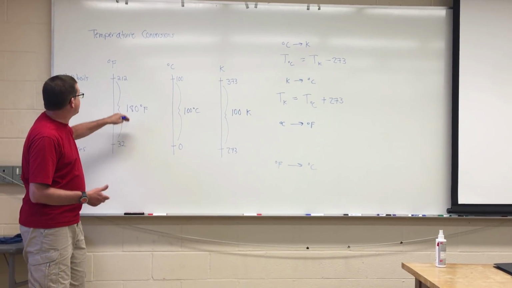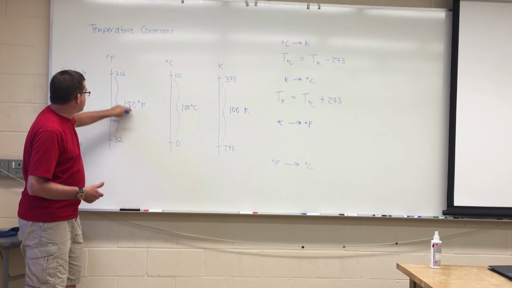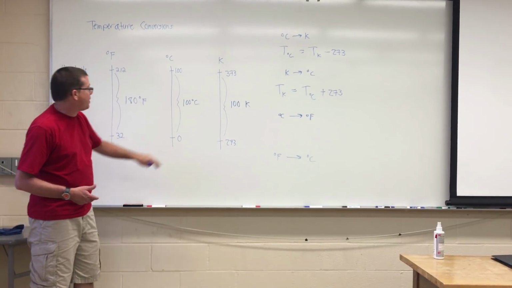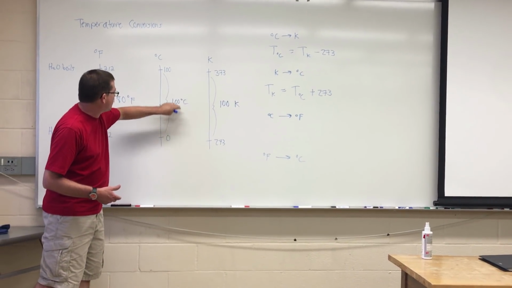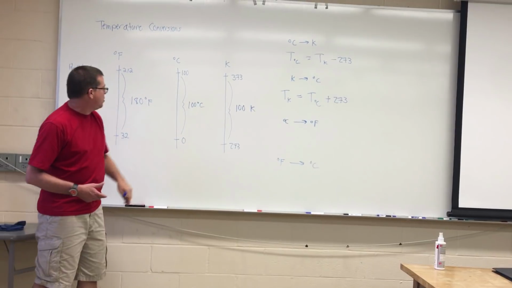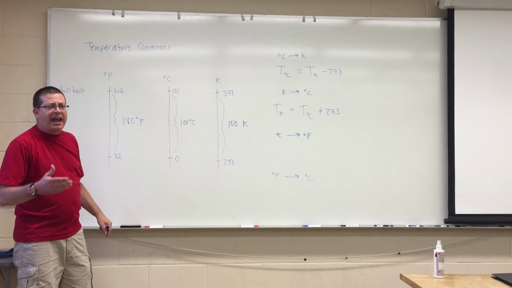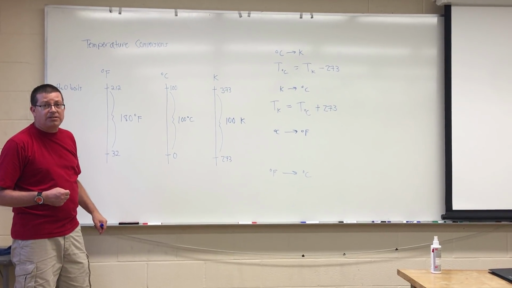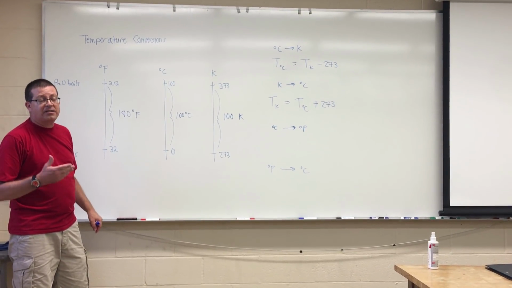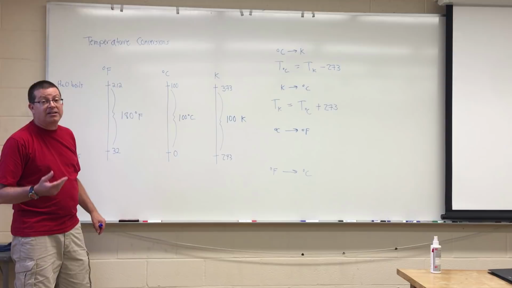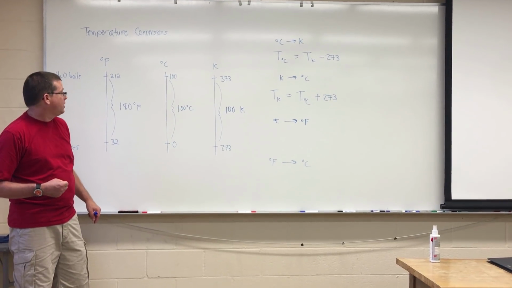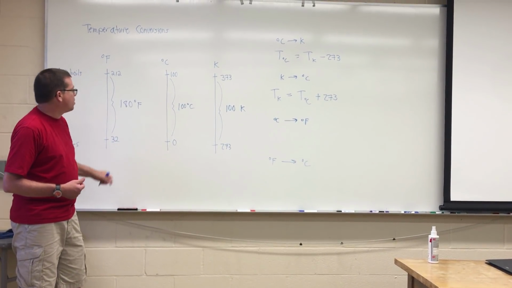Since it takes 180 Fahrenheit degrees to cover the same span that it takes 100 Celsius degrees across the same window, a Fahrenheit degree is a little bit more than half the size of a Celsius degree. So I have to account for the difference in the magnitude of the degree unit itself, as well as the difference in the 0 point.